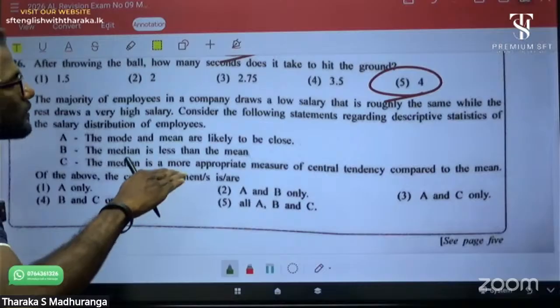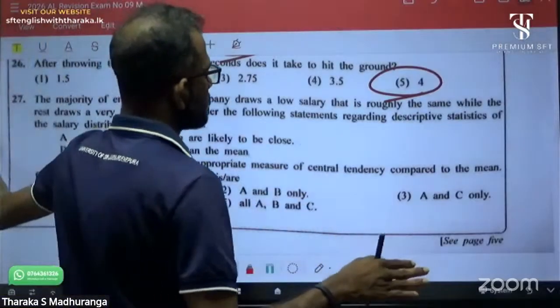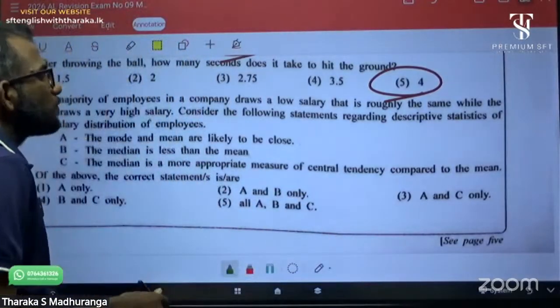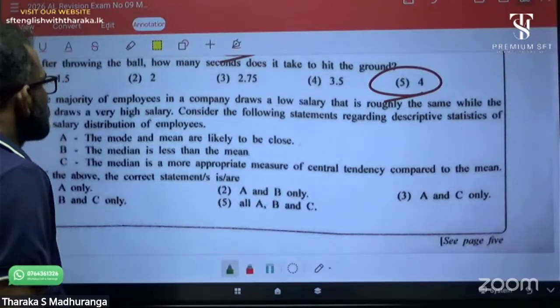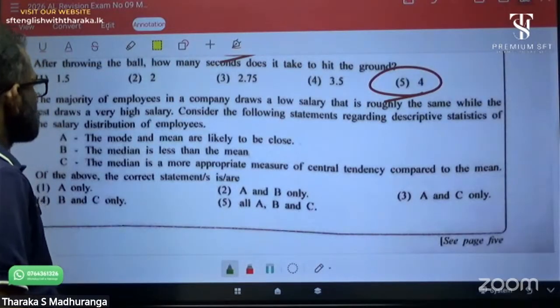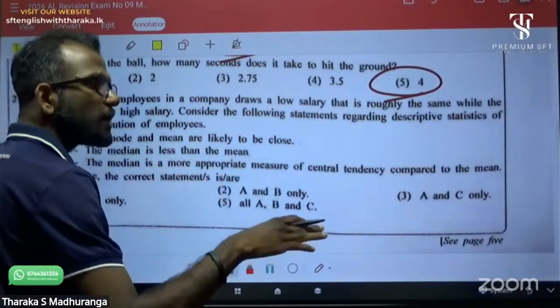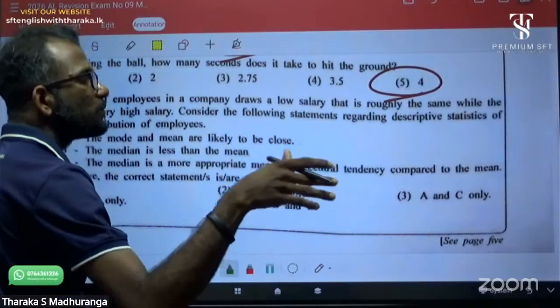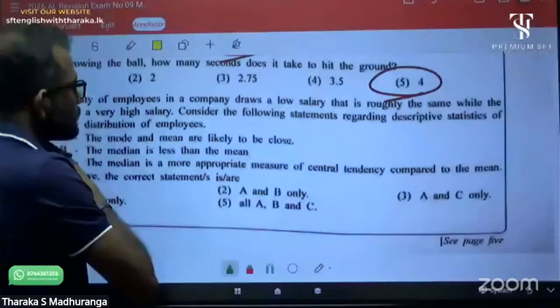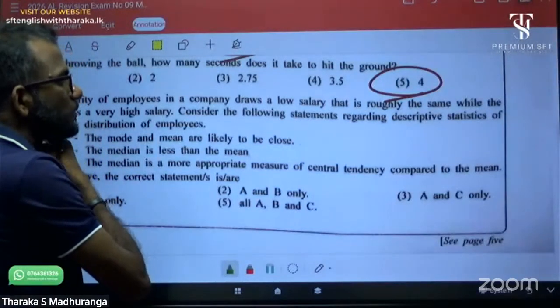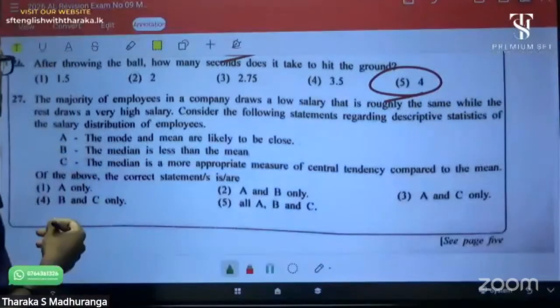Very large population, low salary, only a few members, high salary. Consider the following statements regarding descriptive statistics of the salary distribution of employees.